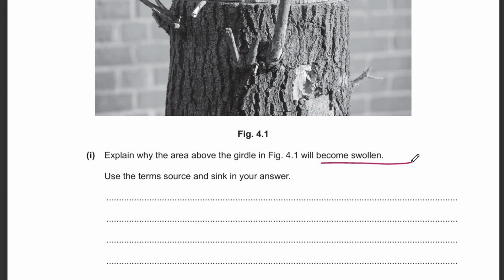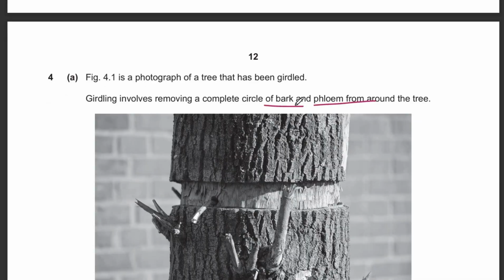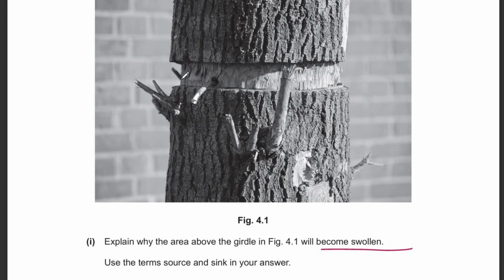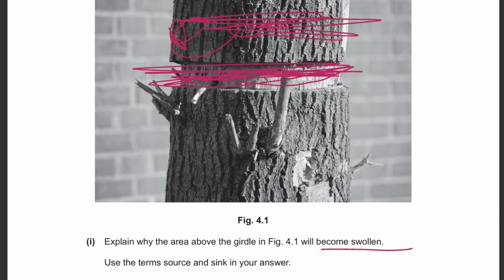So why is it becoming swollen? This is because phloem is removed from the tree. Phloem is removed from here. There is no phloem over here, but there is phloem over here. So translocation takes place, in which sugars and glucose are made in the leaves through photosynthesis and converted into sucrose for transport.